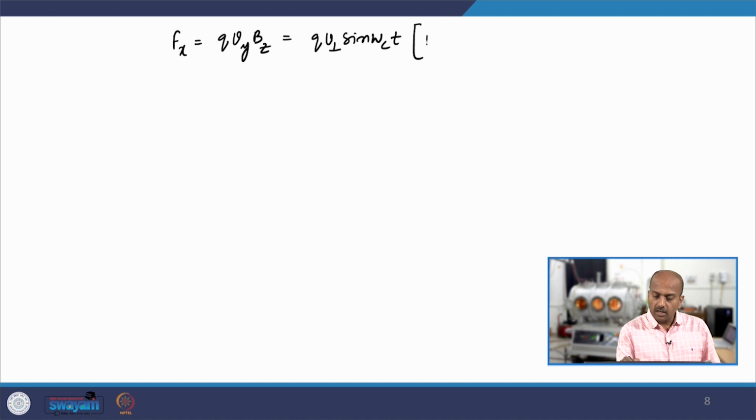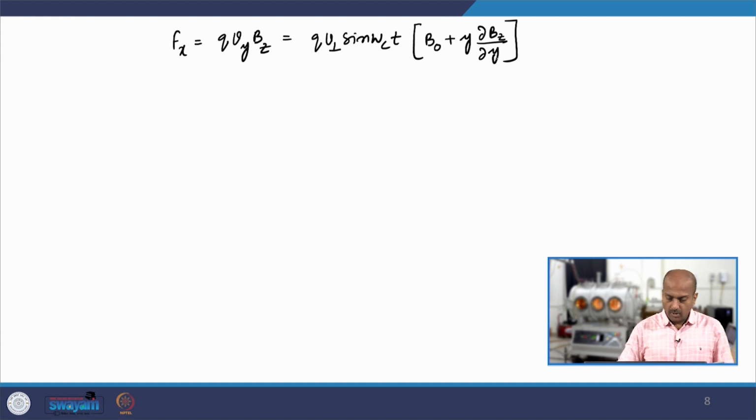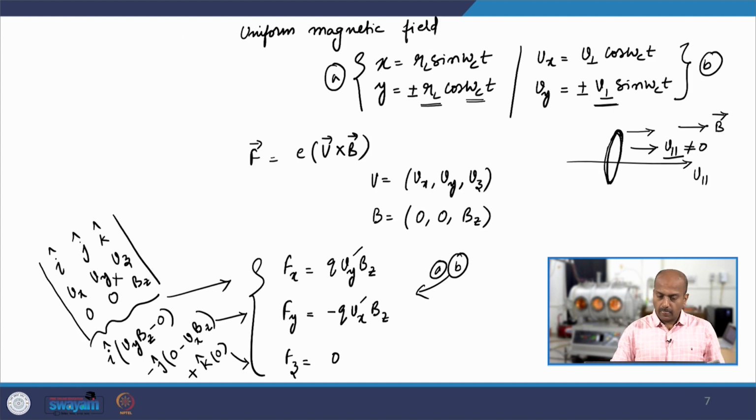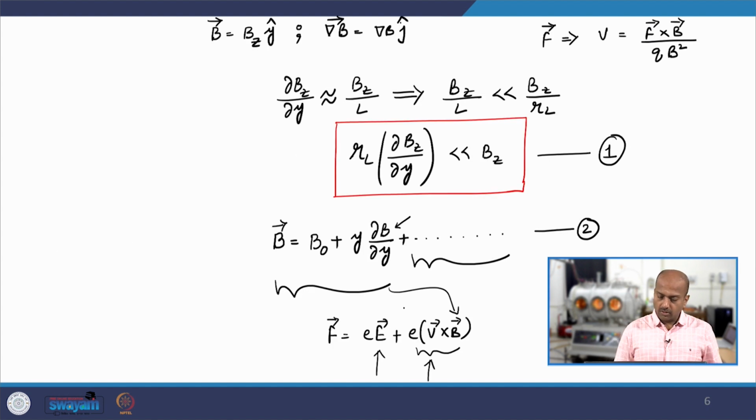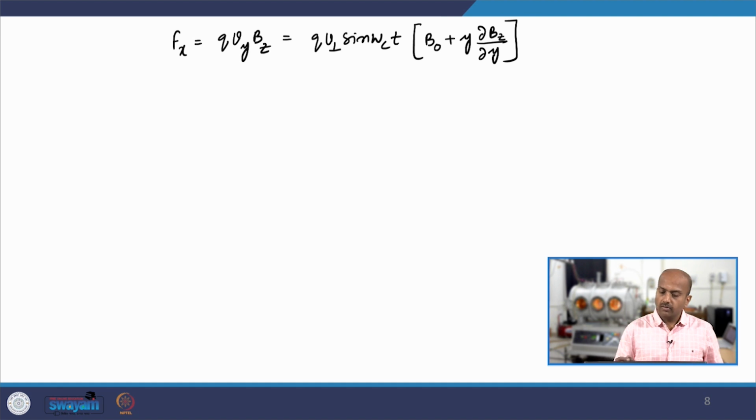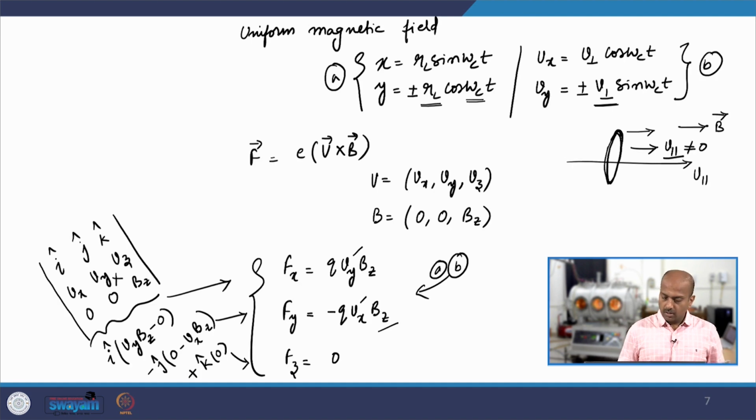Since Bz has to be written as B naught plus y dou Bz by dou y. You see here? So, Bz has to be written as per the expression 2. So, what we have made use of is, we have this set of equations as C.